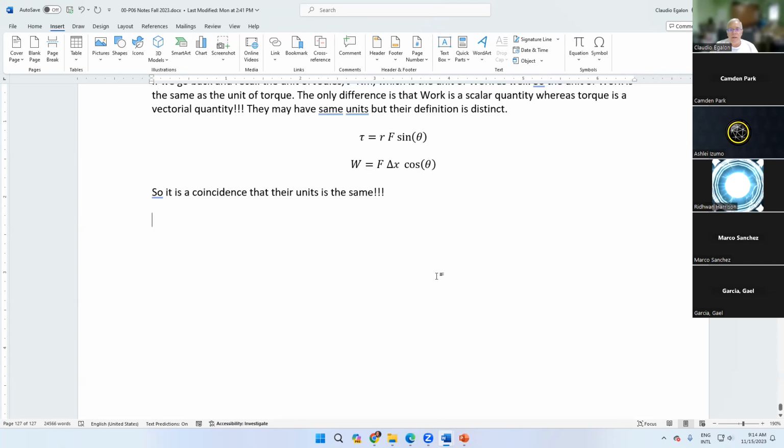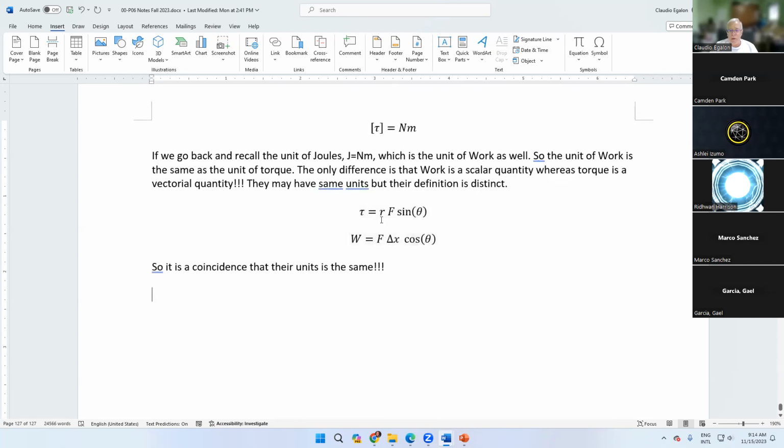These are two different concepts that are both very useful.